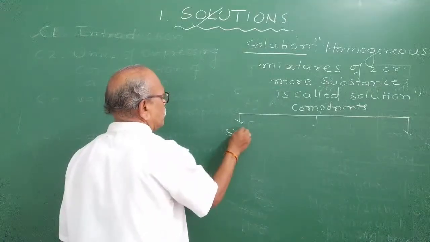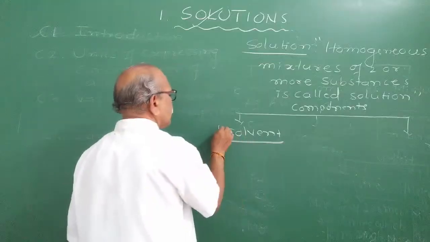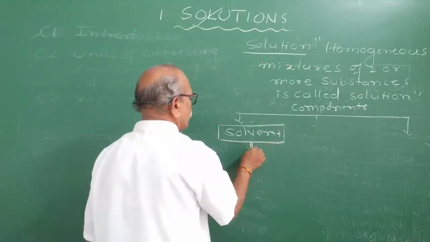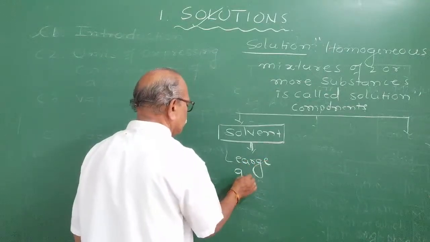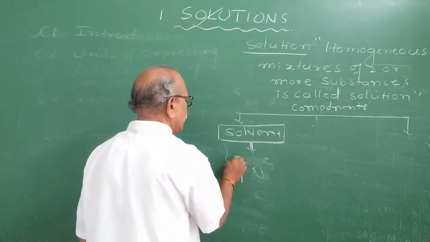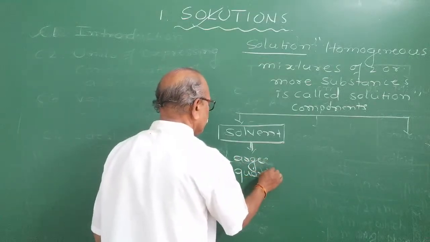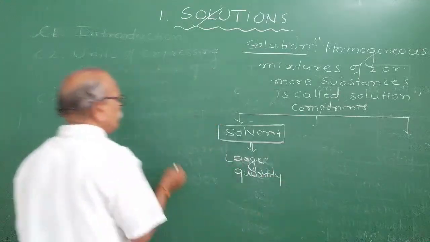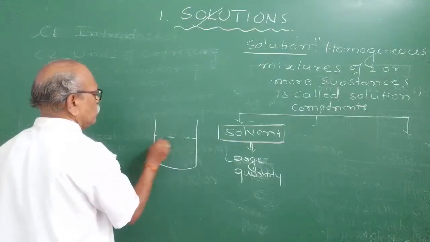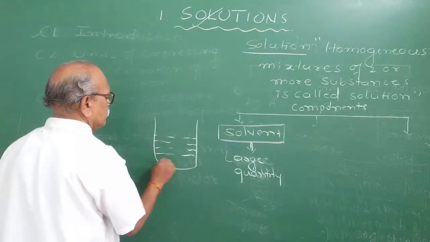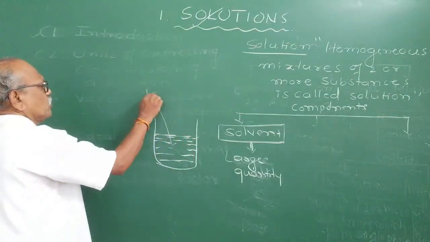One is a solvent. This is generally present in a large quantity. Solvent is the component of the solution which is present in a large quantity. For example, take water in a beaker and add 1 gram of sodium chloride to it.